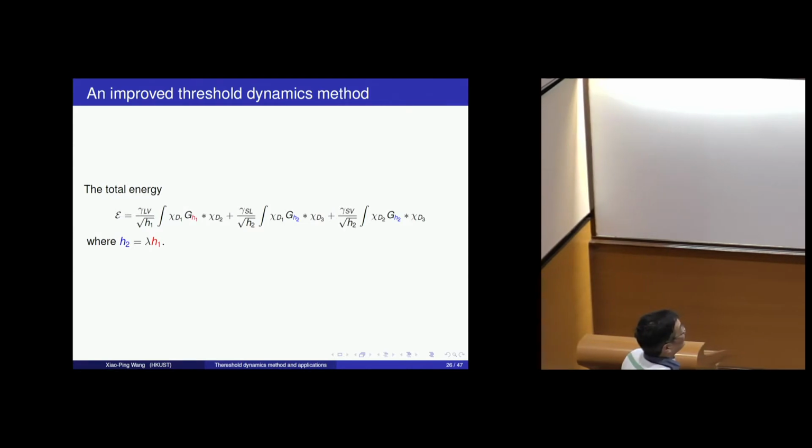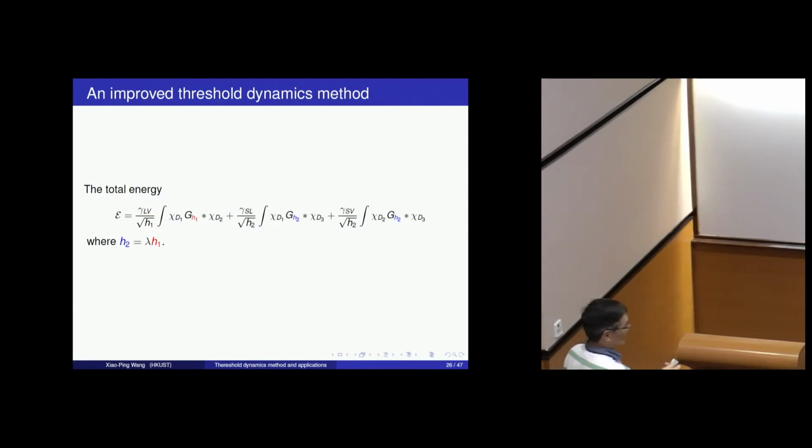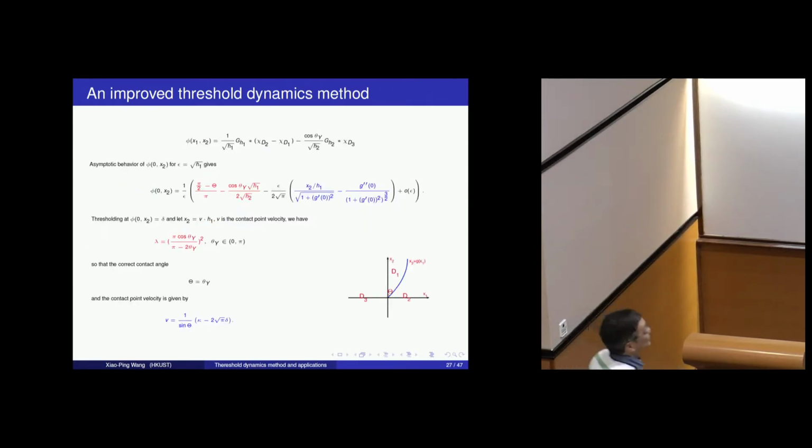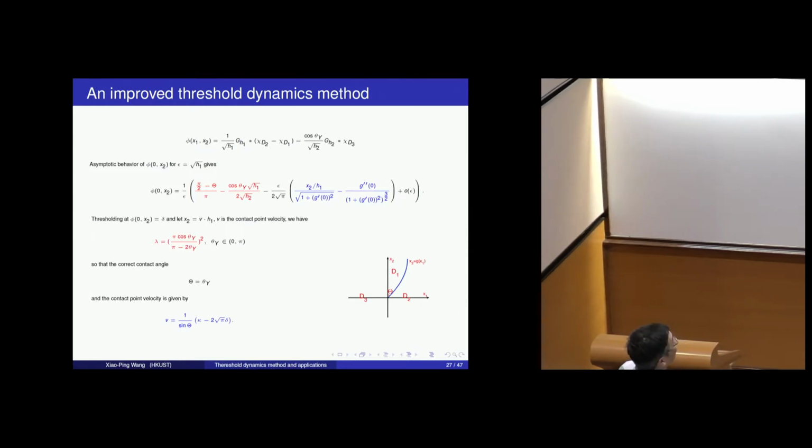Here we use the same H2 for the two terms involving the solid part. Then you can look at the asymptotic behavior of the interface in each thresholding step.